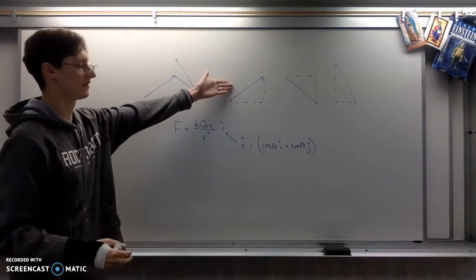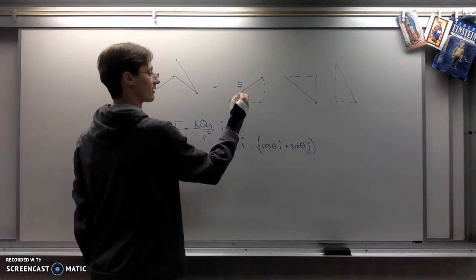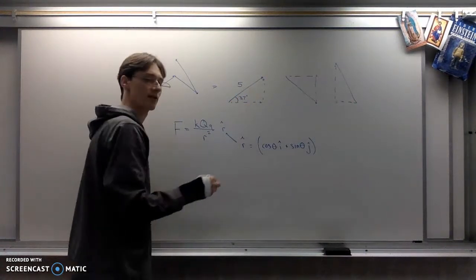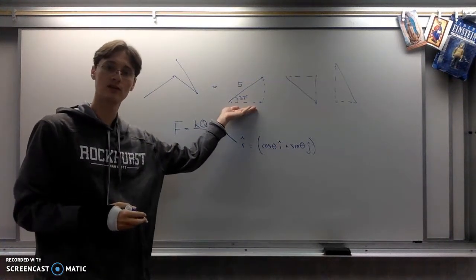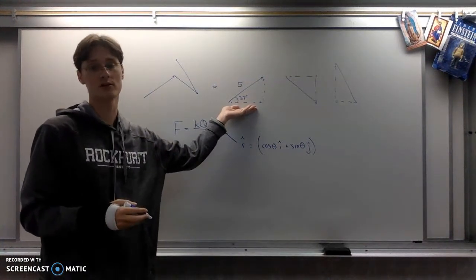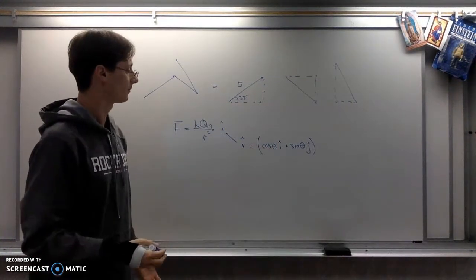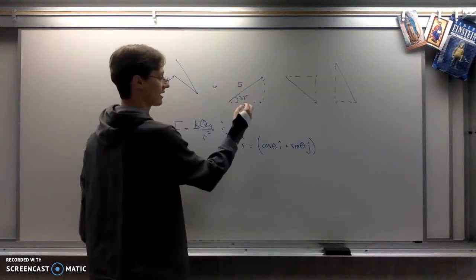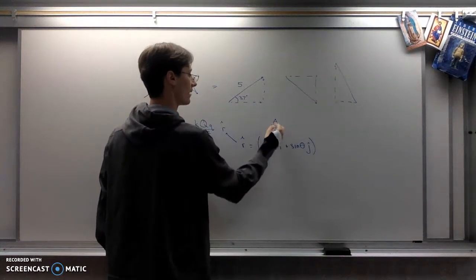If this vector here was like, I don't know, 5 meters at 37 degrees, or whatever it may happen to be, the trig function that you would use to get the i component, or the x component, would be the cosine function, because cosine relates the hypotenuse and the adjacent side, right? Cosine is adjacent over hypotenuse.